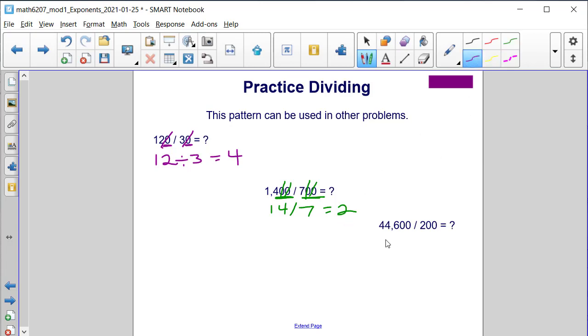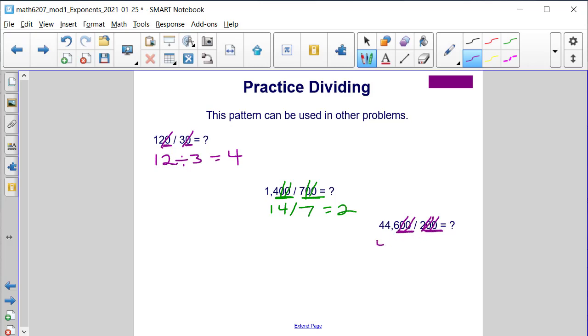Now let's try this last one. 44,600 divided by 200. First step, see the number of zeros there are in the divisor, and that's 2. And there are also 2 in the dividend, so let's cross them both out.